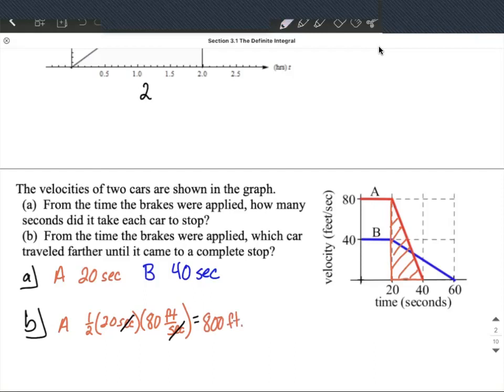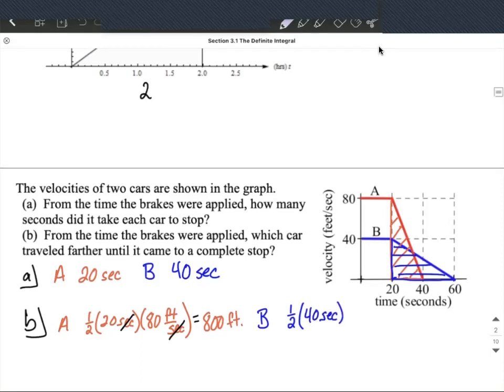Something similar here for B, but B started hitting the brakes at 20 seconds and ended at 60 seconds. So we need to calculate the area of the blue triangle for B. Again, it shouldn't be too bad. It's 1/2 base. This time it took 40 seconds to stop, so 40 seconds for our base, and they were traveling at 40 feet per second.